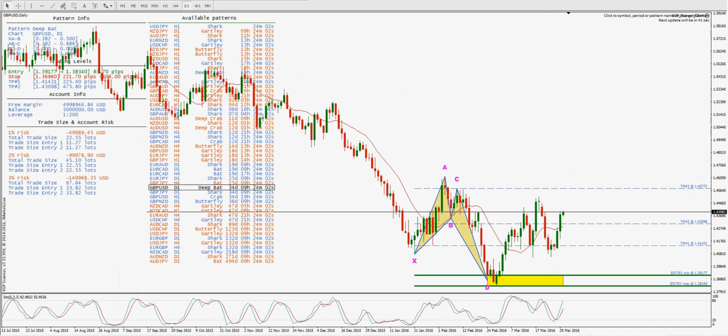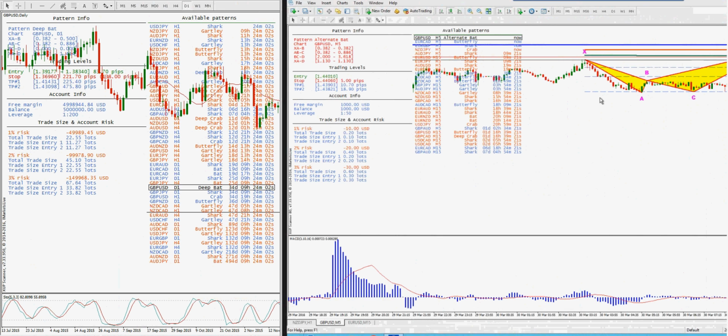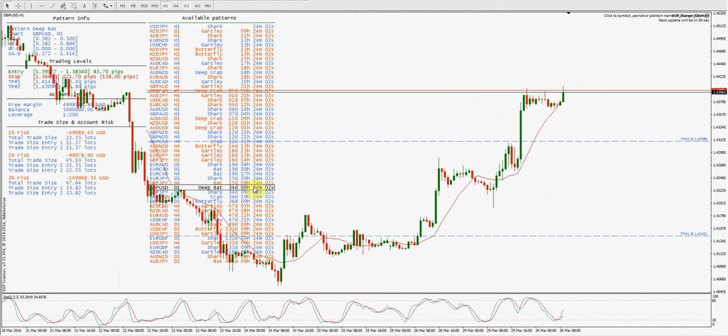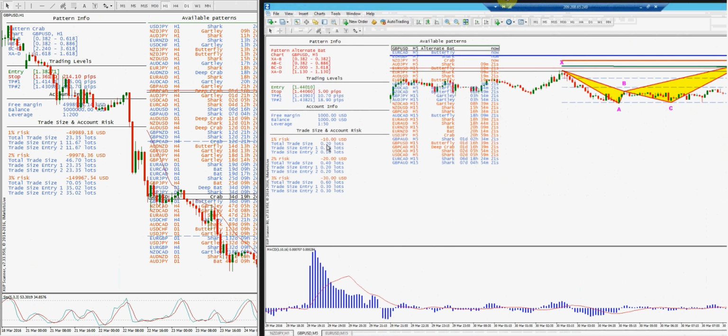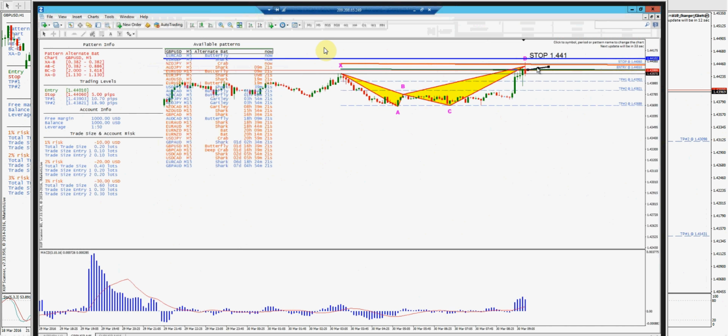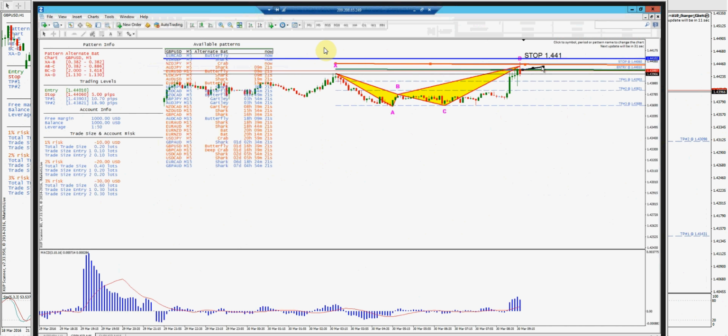GBP USD. Let's see if this pattern holds in here. How much per thousand? Let's say you can get away with 20. Do a 1% risk, real small. 0.20 lots, that's it per thousand. Small risk, guys. Don't do anything big. 1% risk on the trade, guys.